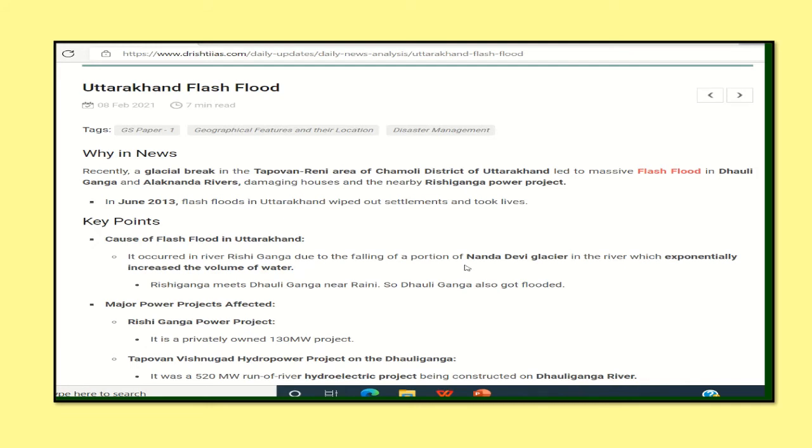And Rishiganga meets the Dhauliganga near Raini, so Dhauliganga also got flooded. So this is a very common consequence of glacial melting, and obviously it destroyed the isostatic balance in the Himalayan foothill zone.